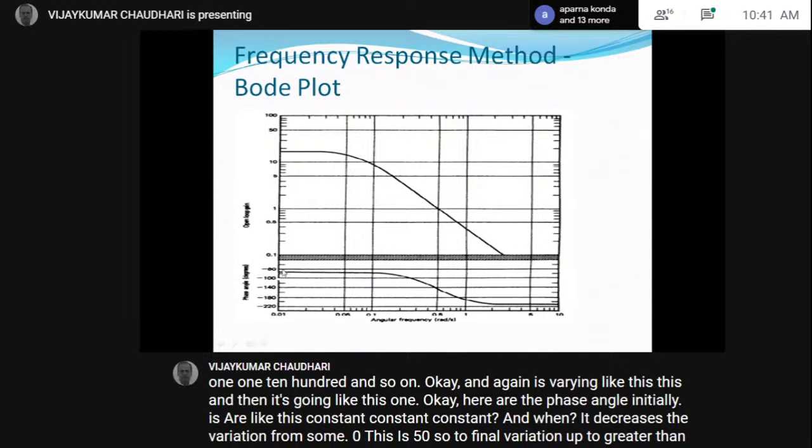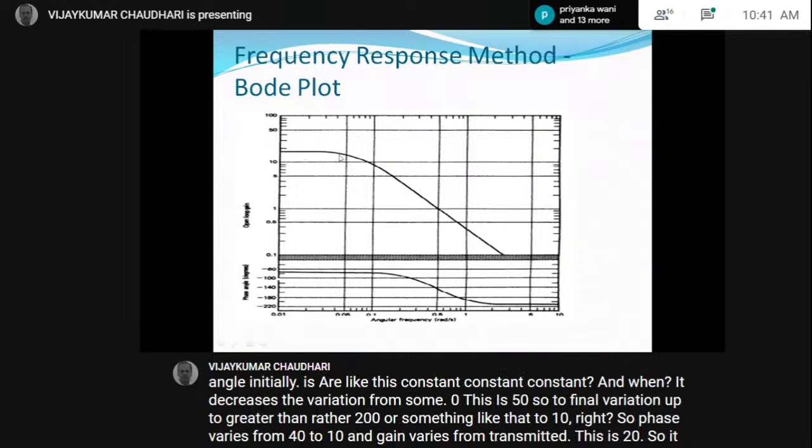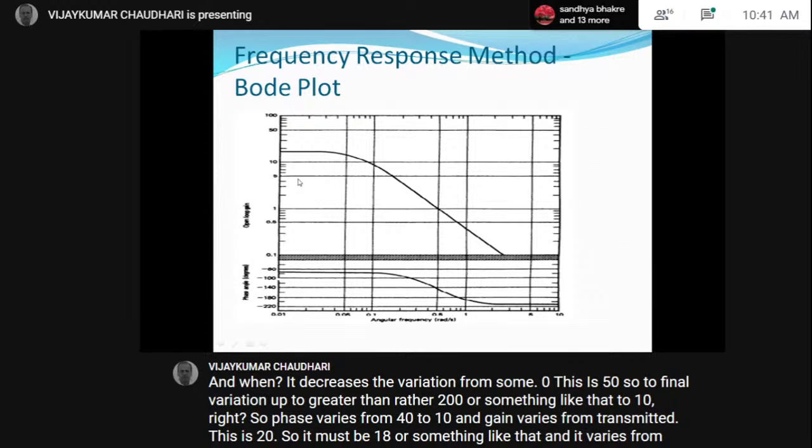So phase varies from 40 to 210, and gain varies from approximately 18 or so down to about 0.1. So these are the absolute values, not in dB.